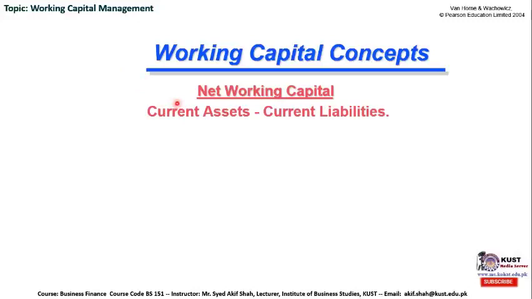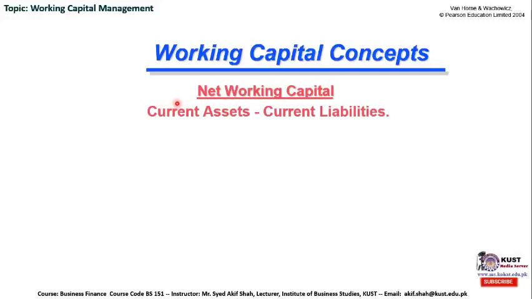So what is working capital? Working capital is actually the level of investments of the company in the current assets of the company. So bear in your mind that we have a balance sheet of a company and its assets are bifurcated between the current assets and the fixed assets.